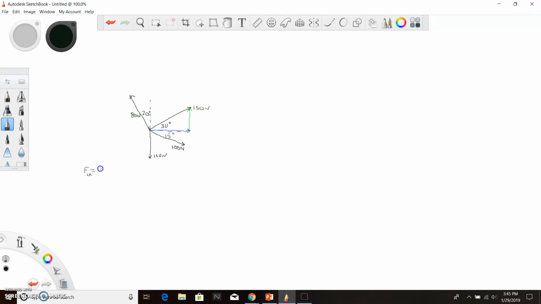I'm going to use cosine to find that component. So I've got 150 newtons times the cosine of 30 degrees.